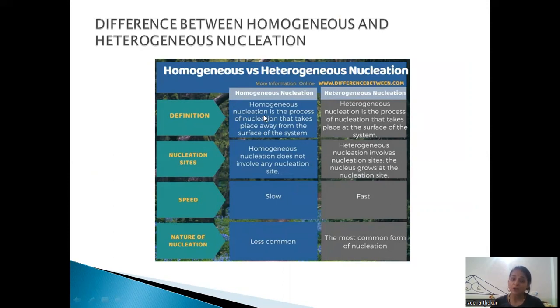If we talk about speed, the speed of homogeneous nucleation is slow, while the speed of heterogeneous nucleation is fast. The nature of homogeneous nucleation is less common, while heterogeneous nucleation is most common as compared to homogeneous nucleation.